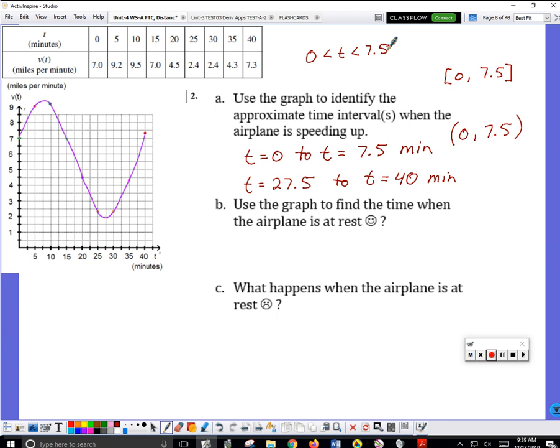They don't ever require the units unless they actually have the words include units. I've never seen them take away points unless they prompt you for it. If they prompt you for it, you'd want to put minutes here, for sure. Okay, so here's the question that I somehow thought was humorous.